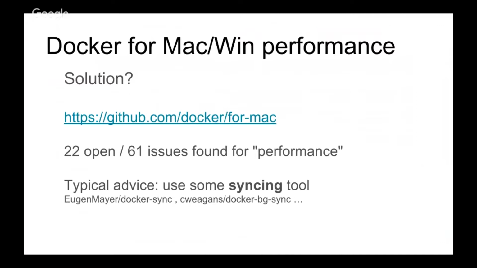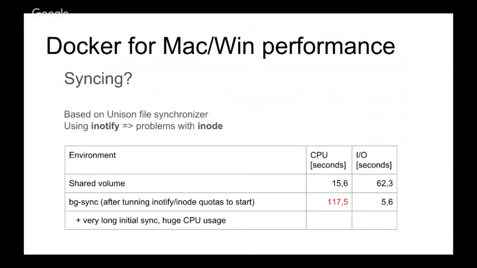So I tried some of them. All of them are based on Unison, which can maybe be compared to rsync or something like that. But it has to use iNotify to be notified of file changes.